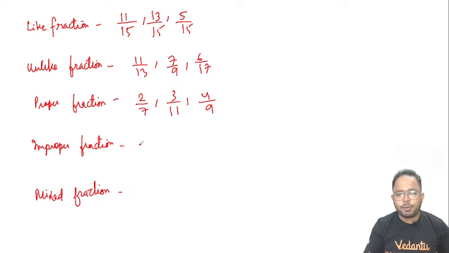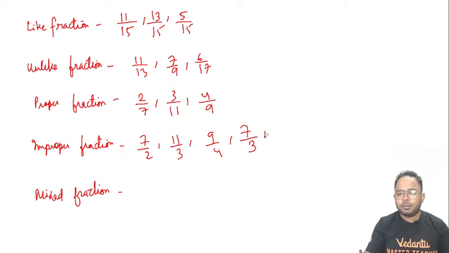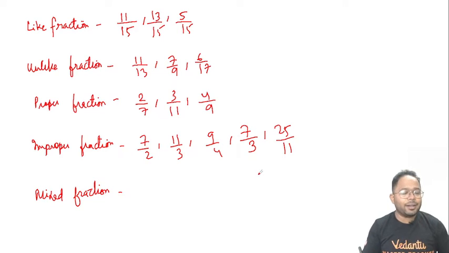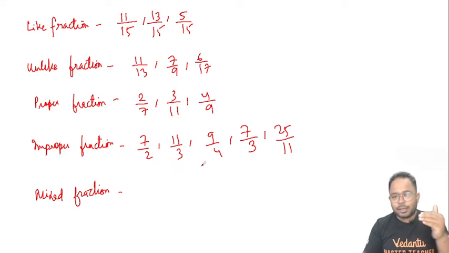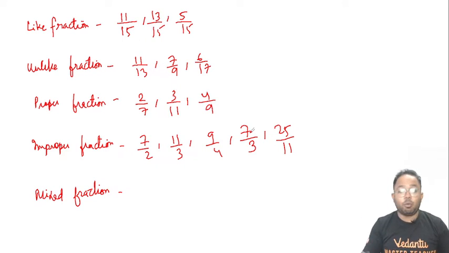What we find here in proper fractions is the numerator is less than the denominator. What about improper fractions? We can just make the reverse of it. 7 by 2, 11 by 3, 9 by 4, 7 by 3, 25 by 11. What are we finding here? The denominator is smaller and the numerator is bigger. And what about mixed fractions? Here we represent with a whole and a proper.